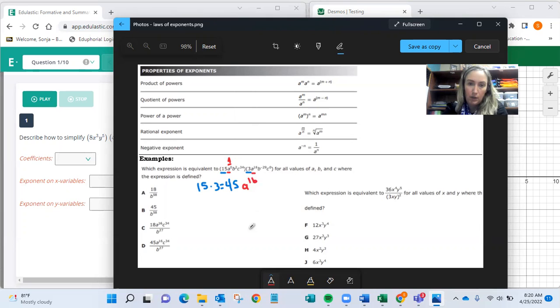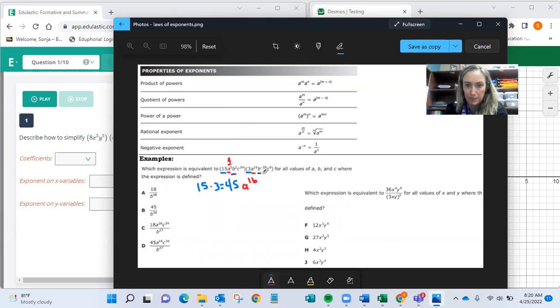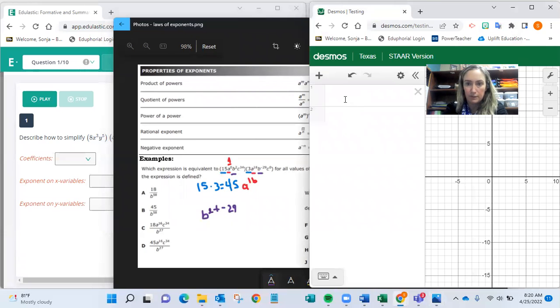But if I'm now looking at the B's, I have B2 and B negative 29. So I'm going to have B2, and then I'm just going to be adding them. So plus negative 29. And that's where I can use Desmos.